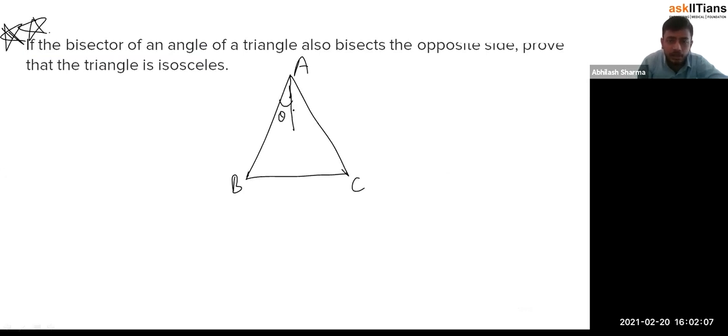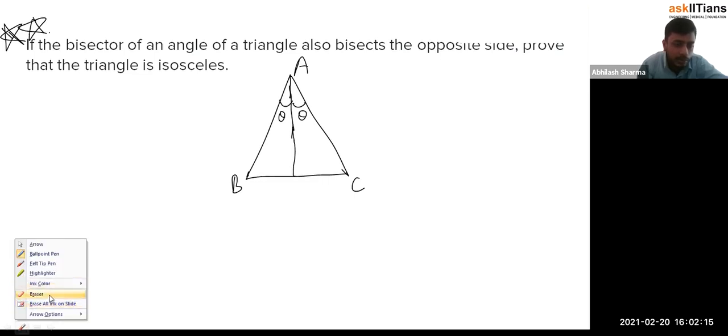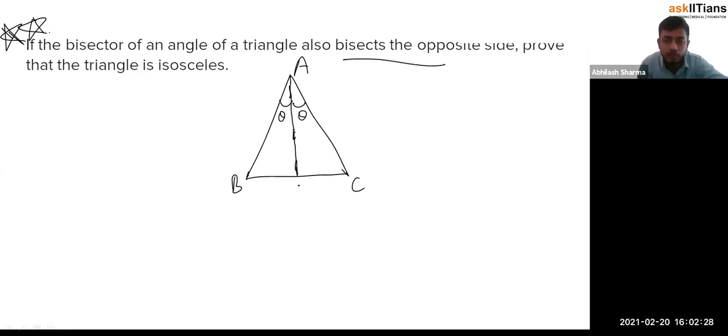For example, this is theta, then this is theta, and this angle bisector also bisects the opposite side. Yes, so it means that this side is also bisected here. Prove that this triangle is isosceles.